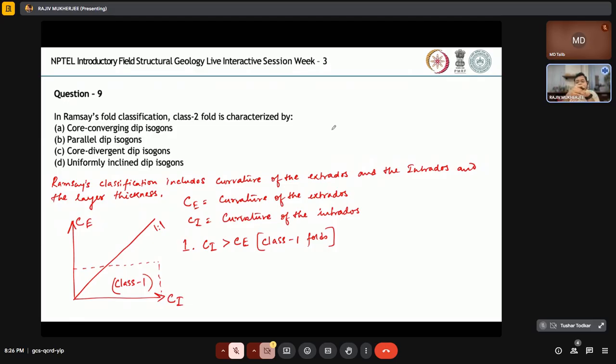So this will be the exactly opposite scenario where the inner arc has higher curvature than the outer arc. So for folds falling within this category, that is the class 1 folds, will obviously have convergent dip isogons, right? So these kind of folds are also called convergent folds.